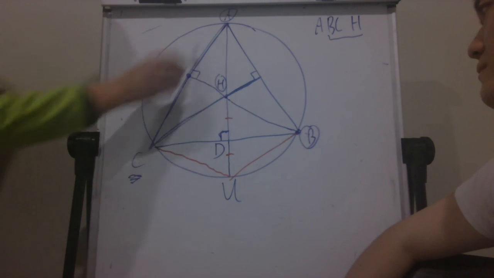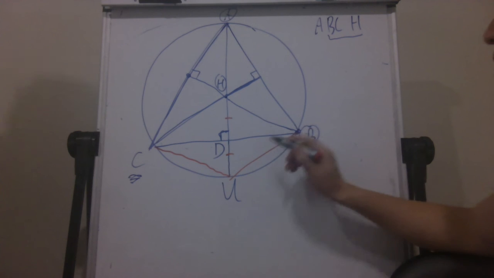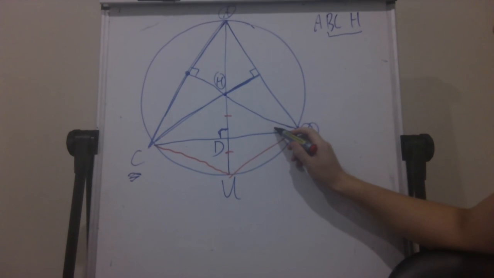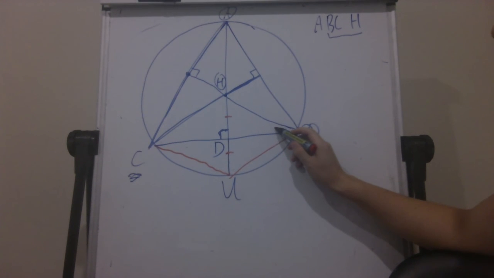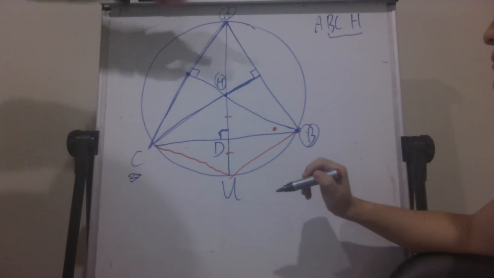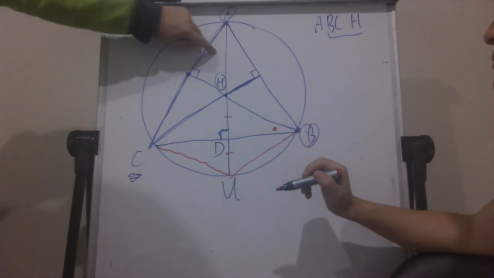Alpha, beta, regardless, these two are equal. These angles are equal. So you chase some angles. Similar triangles. This angle equals this angle.